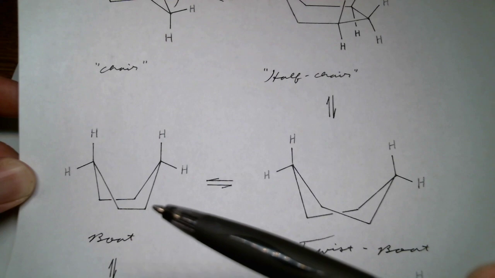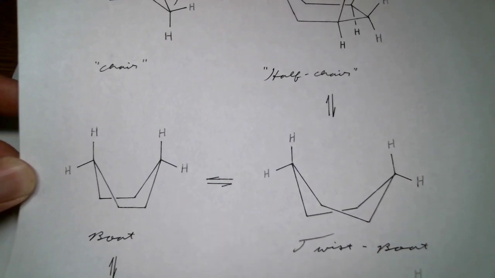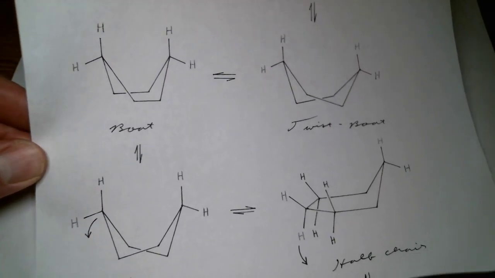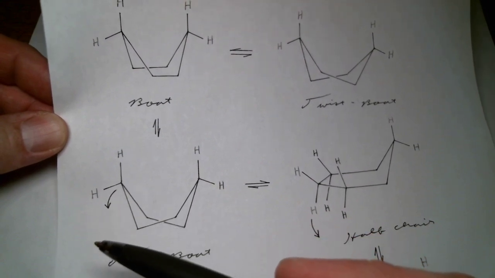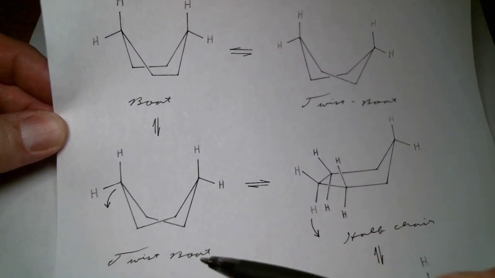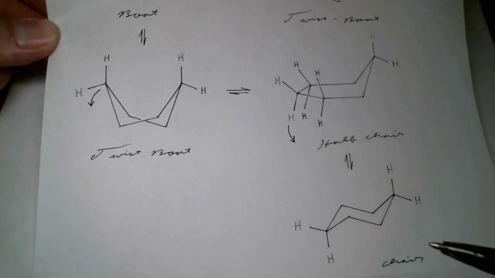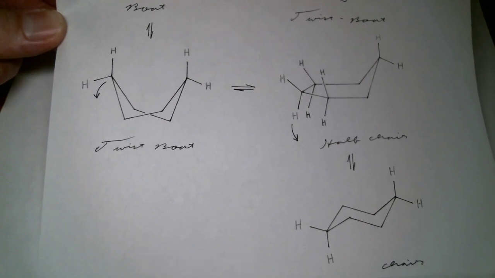The boat is something, of course, the name indicates it kind of looks like a boat. And of course, from the boat conformation, we go to the other twist boat, and then we continue bringing the left hand side down to the half chair. And if we continue on our way down with the left hand side, we get to the other chair conformation.